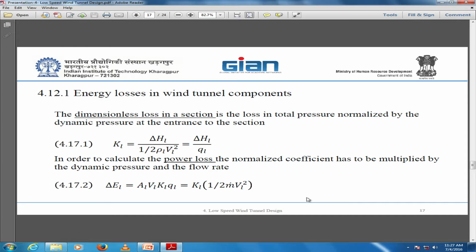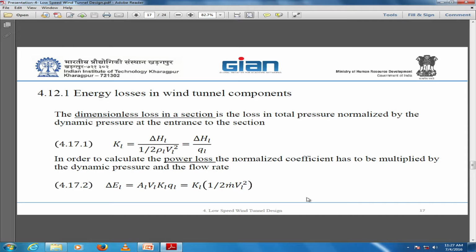Let's talk about the energy losses in wind tunnel components. We define the non-dimensional loss in a component by the head loss in that component divided by the local dynamic pressure.